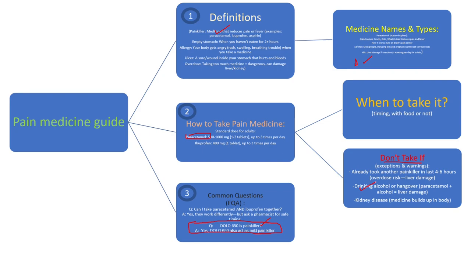That also includes examples, like drinking alcohol or a hangover: paracetamol plus alcohol is a liver damage risk, and when to take it. It's already answered from here, but we didn't get the complete answer. So how should another approach work?